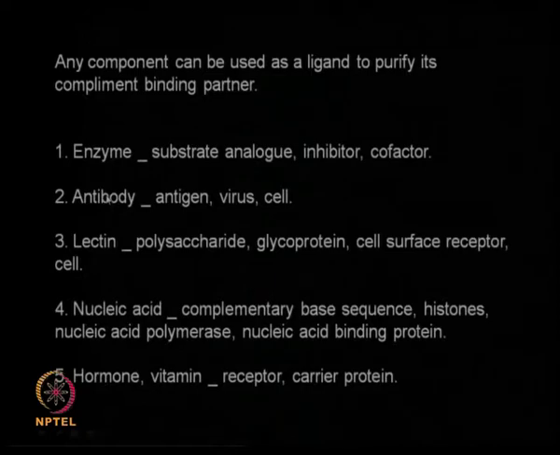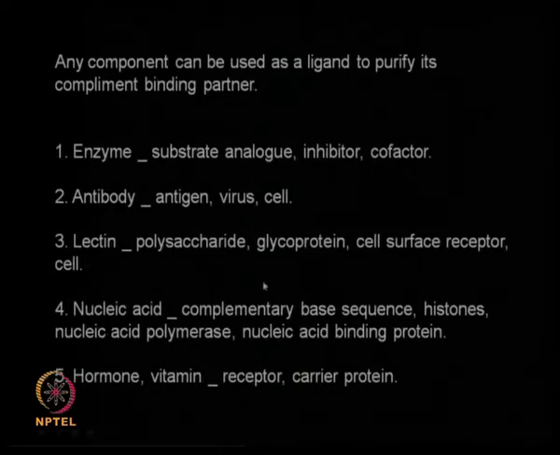Here I want to purify an intracellular material but remove the virus, so we can use affinity chromatography. You can also have a lectin, a polysaccharide, a glycoprotein, a cell surface receptor, or a cell.